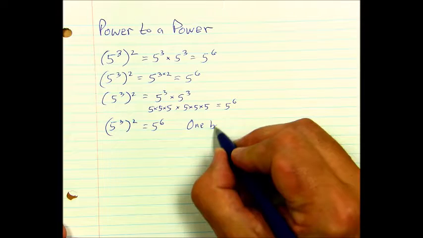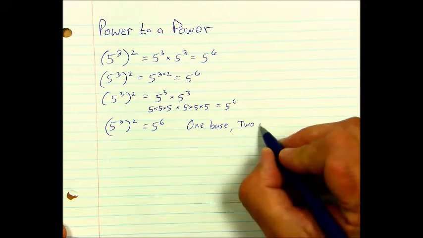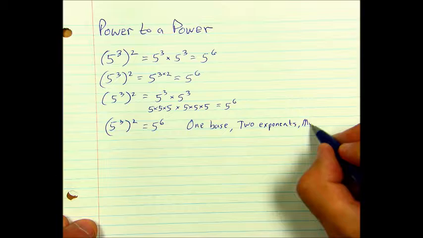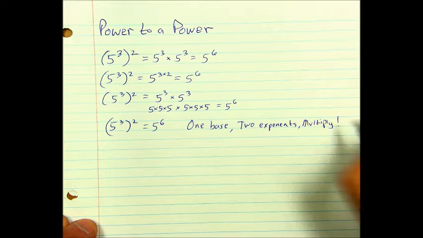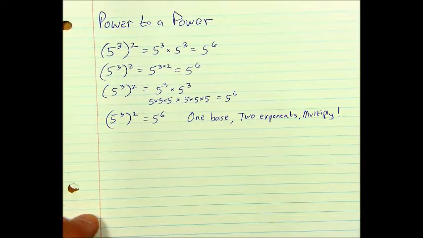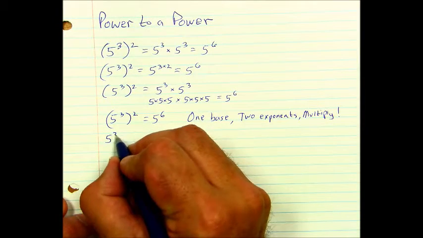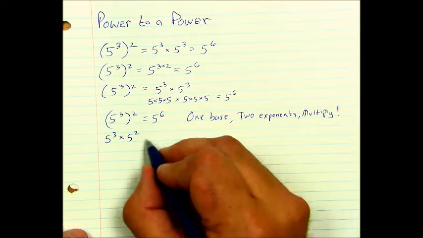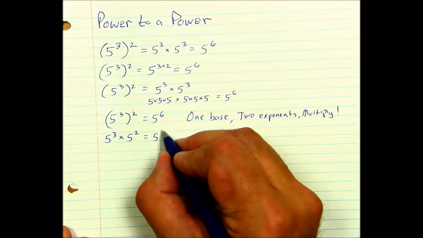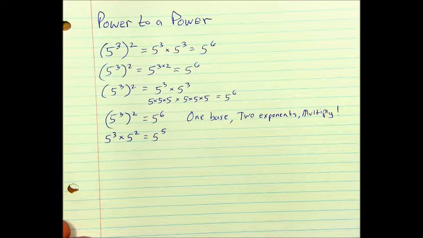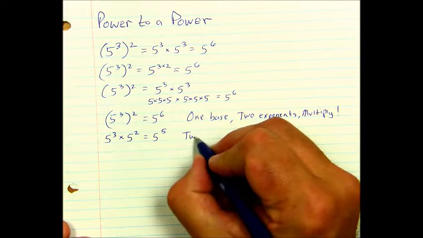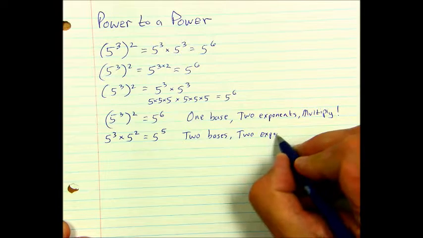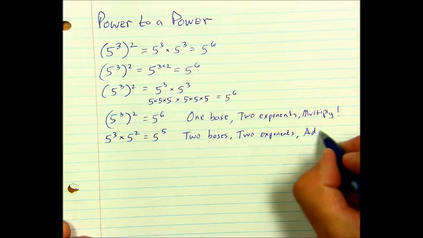One base, two exponents, multiply. That is different than 5 to the third times 5 to the second, which is 5 to the 3 plus 2, 5, which has two bases, two exponents, add.